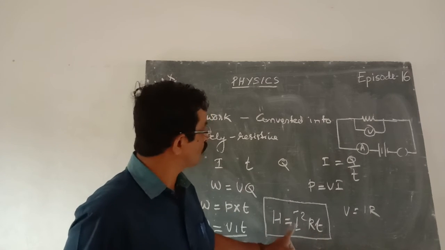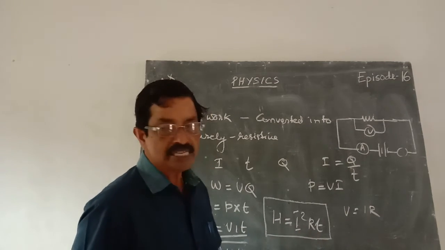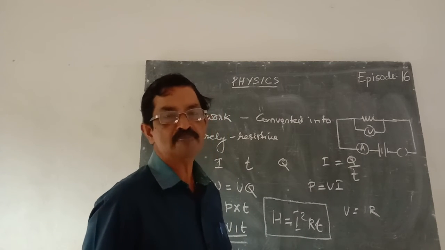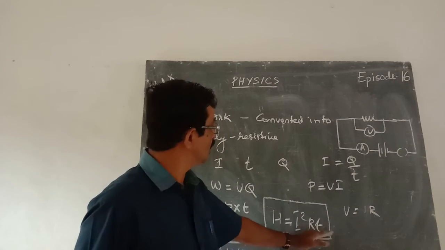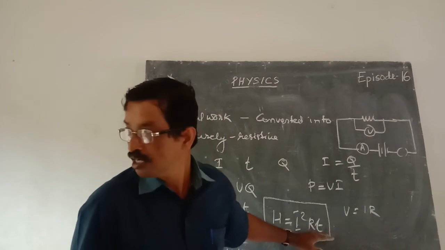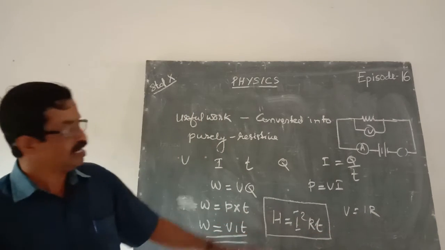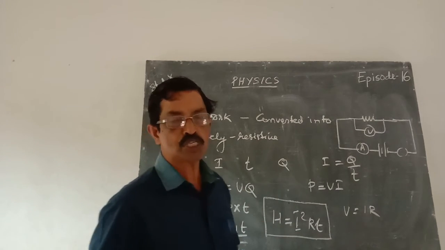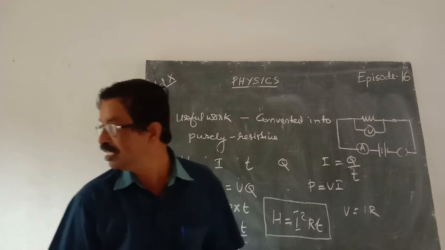So H is equal to I square RT. From this relation we can find out how much heat is produced in the circuit.